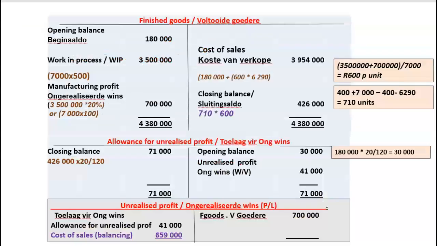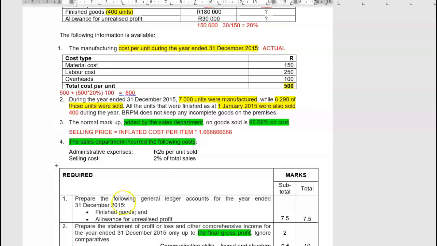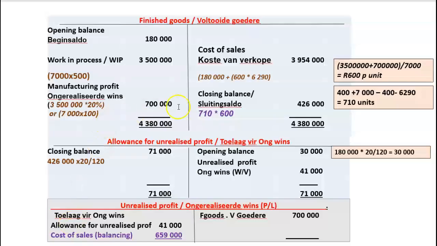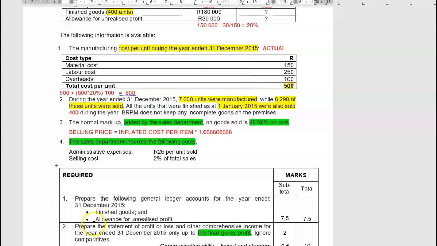Now let's do all these calculations in the accounts. Let's start with our finished goods account. They gave us the opening balance, 180,000, and they gave us the opening balance for unrealized profit, 30,000. Unrealized profit is a statement of financial position account, 30,000. Then they've said that we manufactured during the year 7,000 units, multiplied now by 600 Rand.